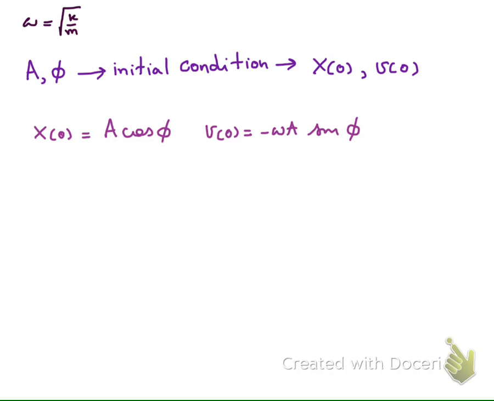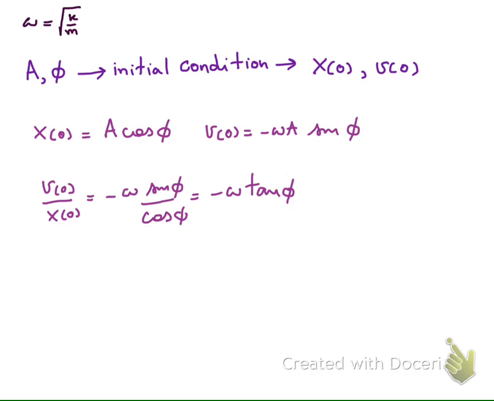If we divide the second equation by the first equation, we have that v0 over x0 is equal to minus omega sin phi over cos phi, which is equal to minus omega tan phi.